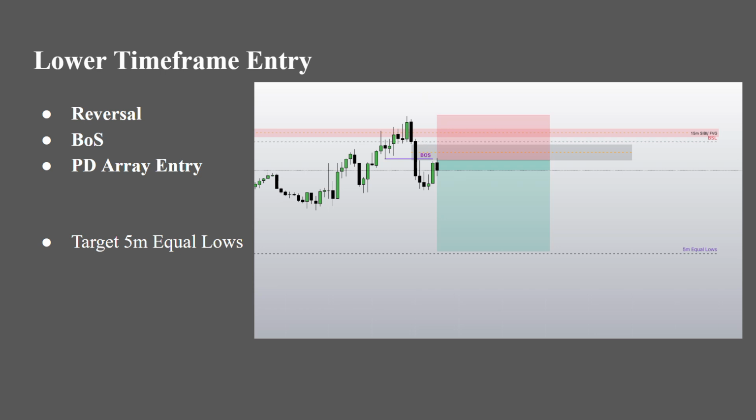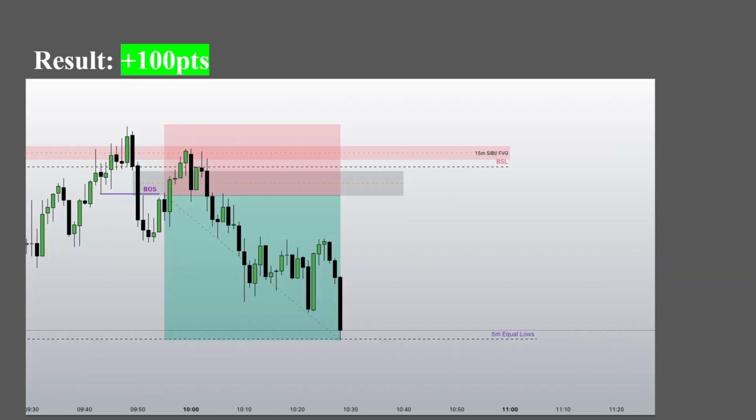Then, upon your entry, you put your stop at the swing high and you target the opposing liquidity. This one being the 5-minute equal lows. Along the way, there will be opposing liquidity and imbalances that you can take partials at as well. This trade went for 100 points to the 5-minute equal lows.